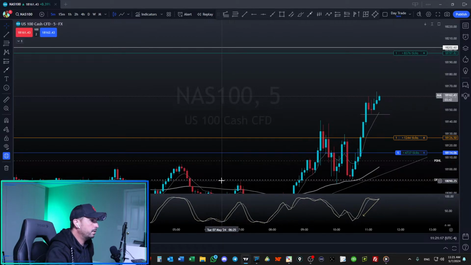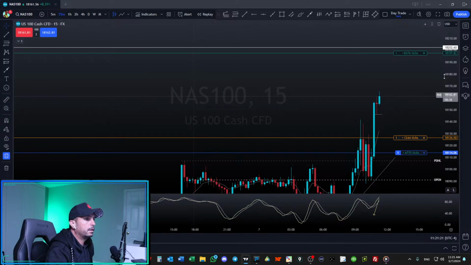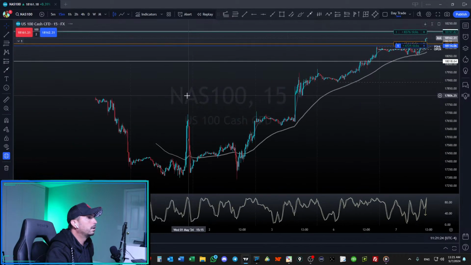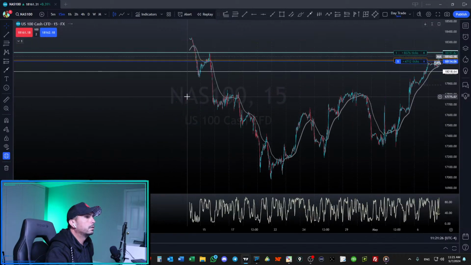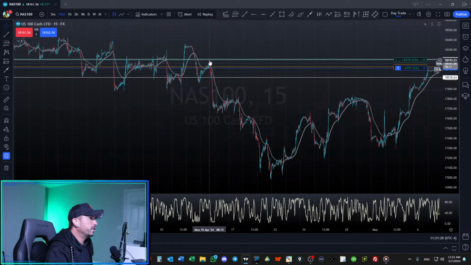Okay, as you can see, go to 15. So resistance right there, support down here. Breaking this, next trade goes up to this area.